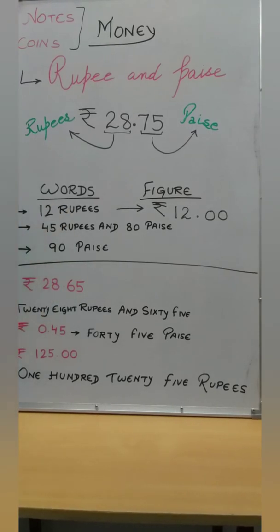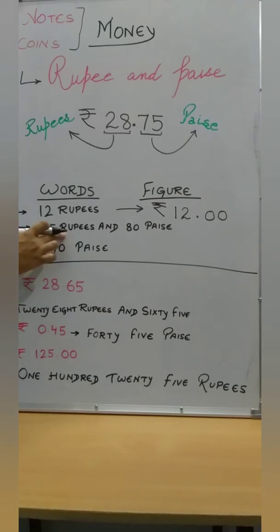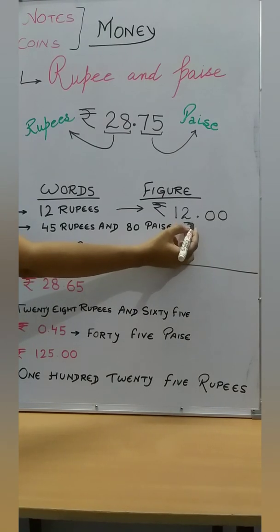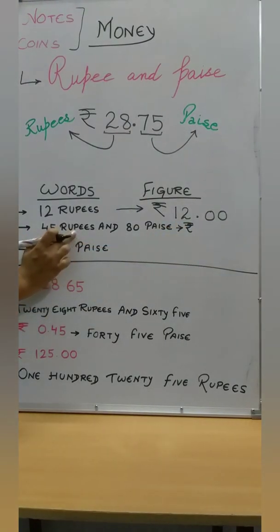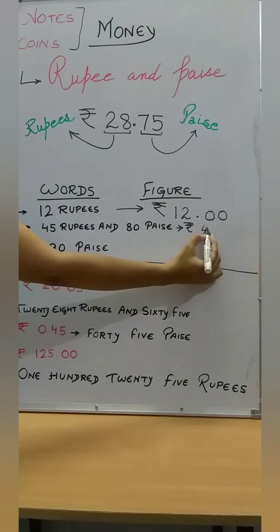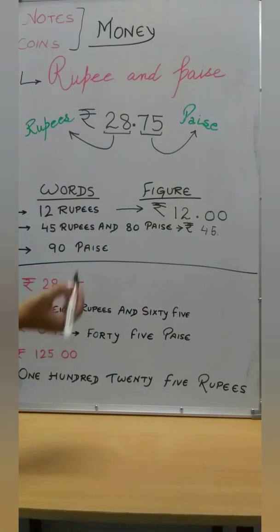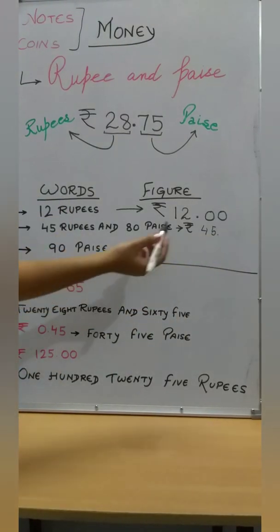Let's see the next example. It is 45 rupees. First of all we will write the symbol of rupees. Now rupees we have 45, so 45 then dot. And we always write paise after that dot.